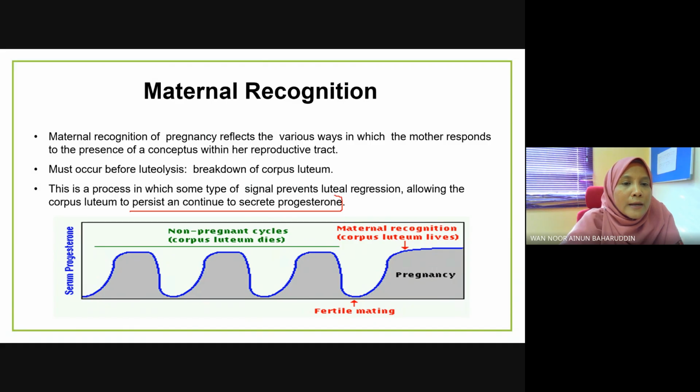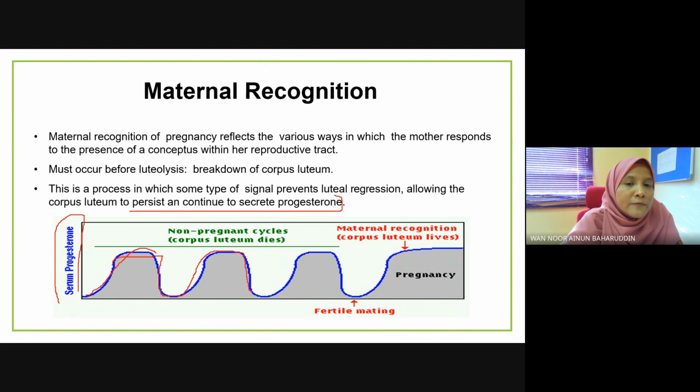So inside the blood of a mother, the serum progesterone normally rises and goes down every single month.